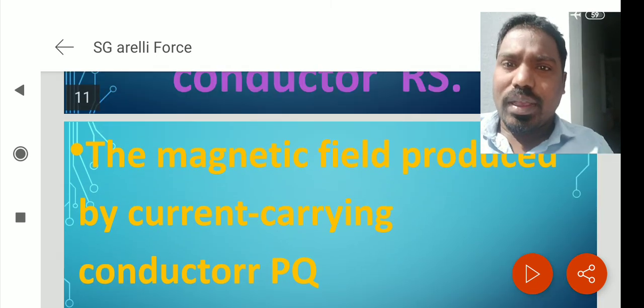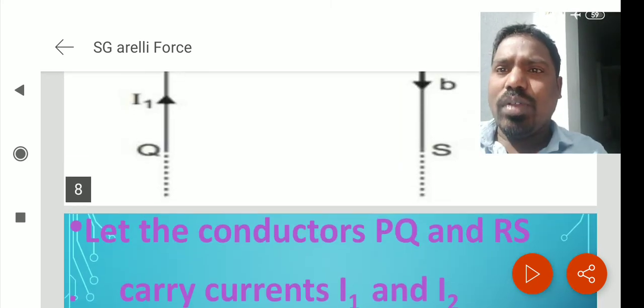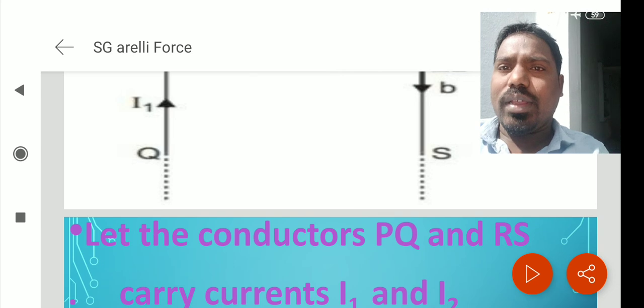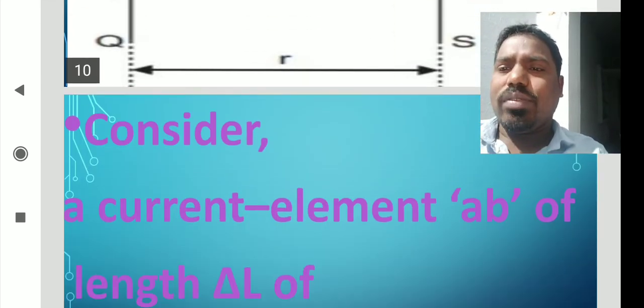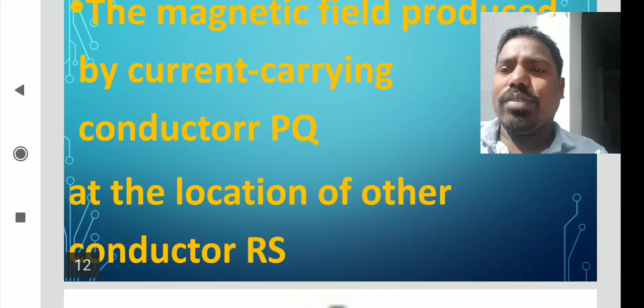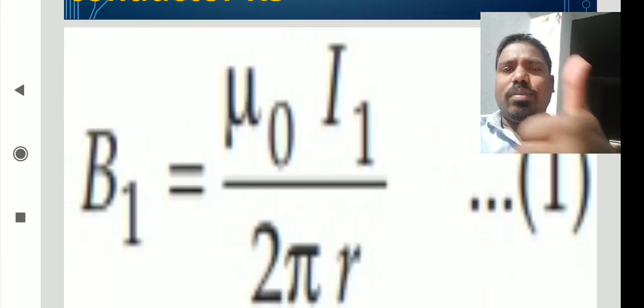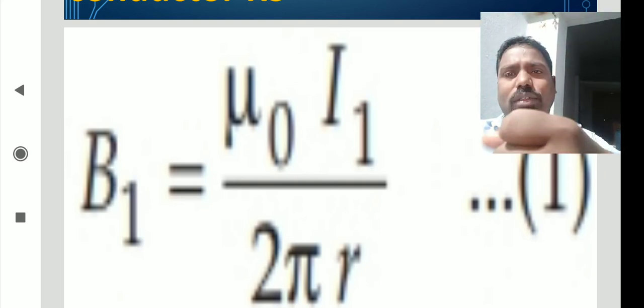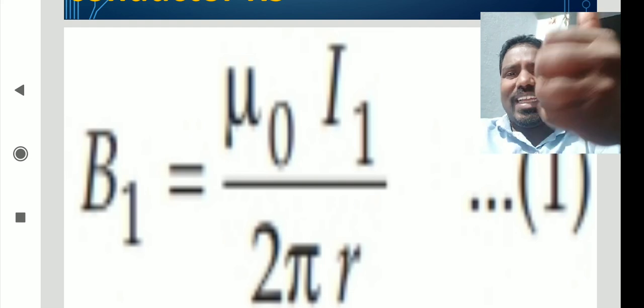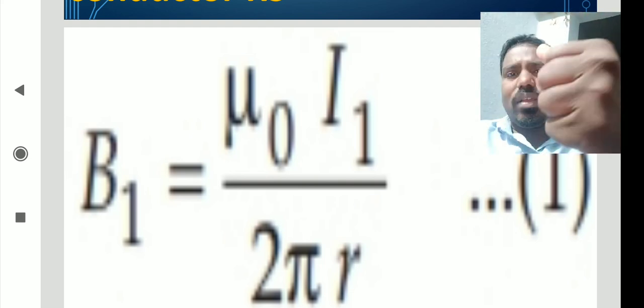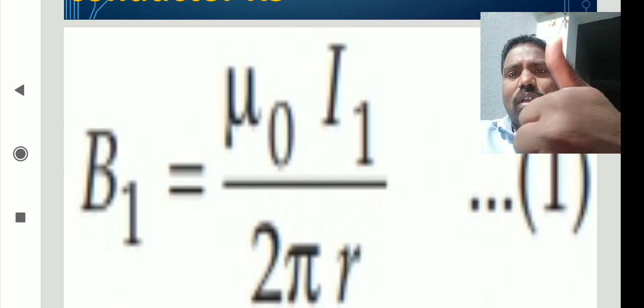Here you need to assume only one aspect, that is Maxwell right hand rule. What is Maxwell right hand rule? When you hold a conductor in your hand, the closed fingers around the conductor indicate the direction of the field, and the thumb indicates the direction of the current.